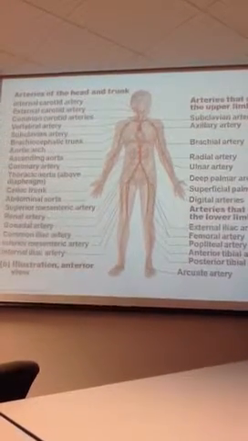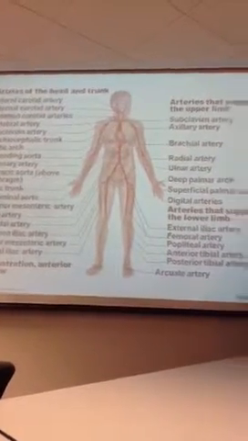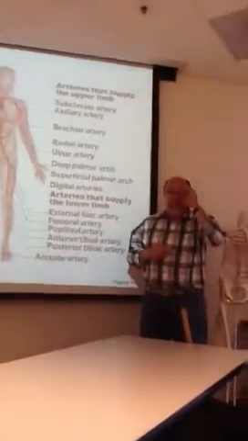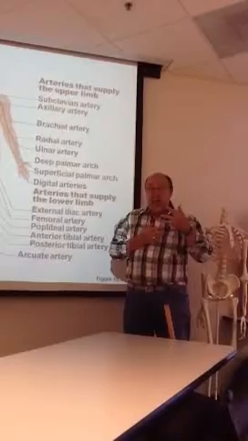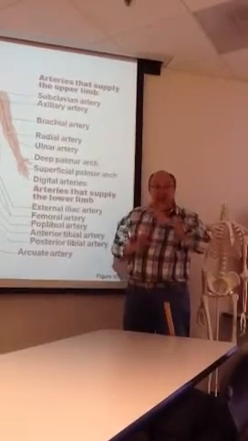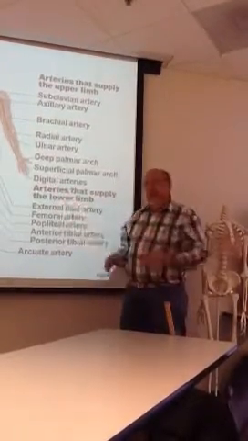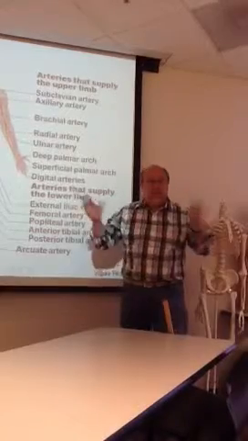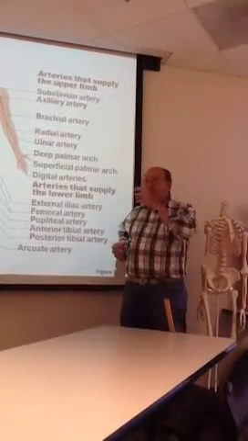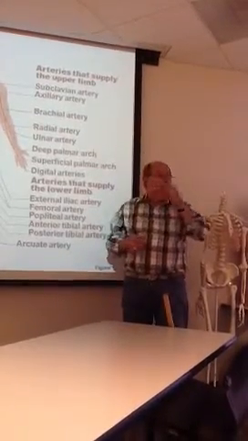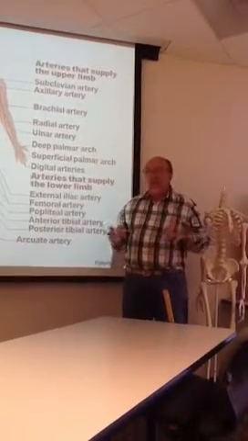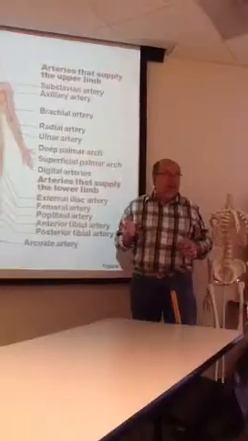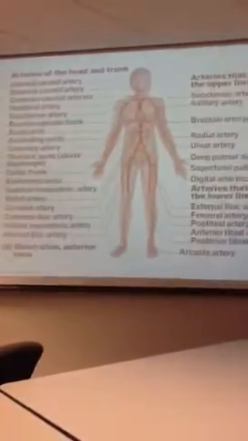You've got three major unbranched vessels that come off, and they're related to the embryo, because in the embryo you have three guts: a foregut, a midgut, and a hindgut that evolve into the intestines and so on. The very first one that comes off supplies the old embryological foregut. It's called the celiac, and we'll talk about that when we get to the more detailed part.